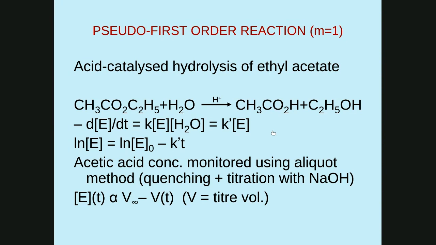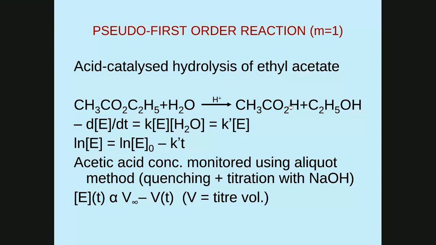Now, of course, when the reaction is complete, so all of this ethyl acetate has been converted into acetic acid and ethanol, then the titer volume will be at a maximum, because you have reached the maximum concentration of acetic acid.